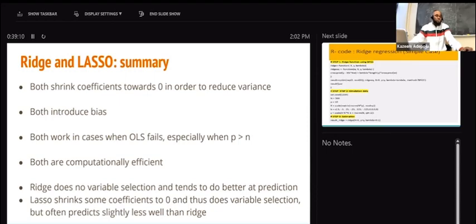Both will induce bias. When you are eliminating variables, you are going to induce bias. Both actually work great when OLS fails. I think I've given you the condition under which OLS fails, when the number of observations is less than the number of predictors. And both are computationally efficient. I think I've explained all that.